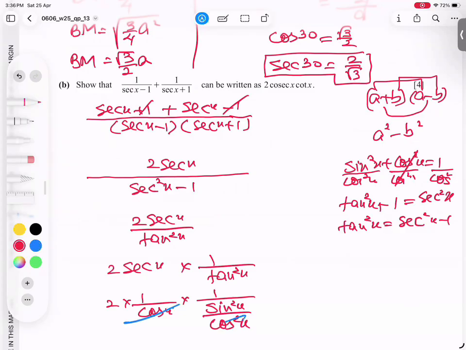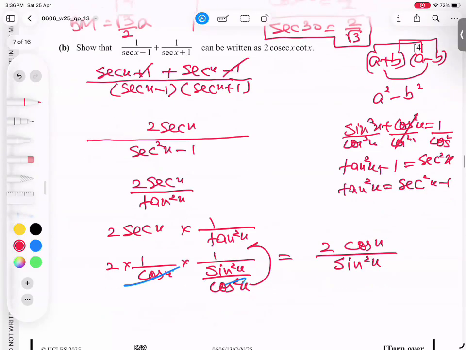And now we have what, students? We have 2 and this will flip up to cos x over sine square x. And now sine square I can break in two parts.